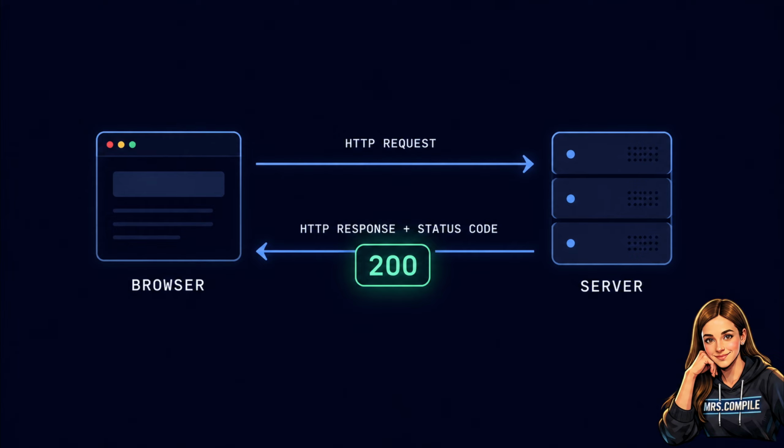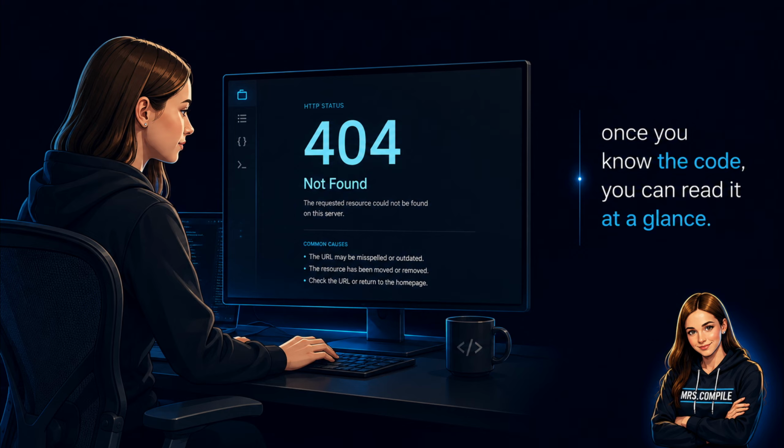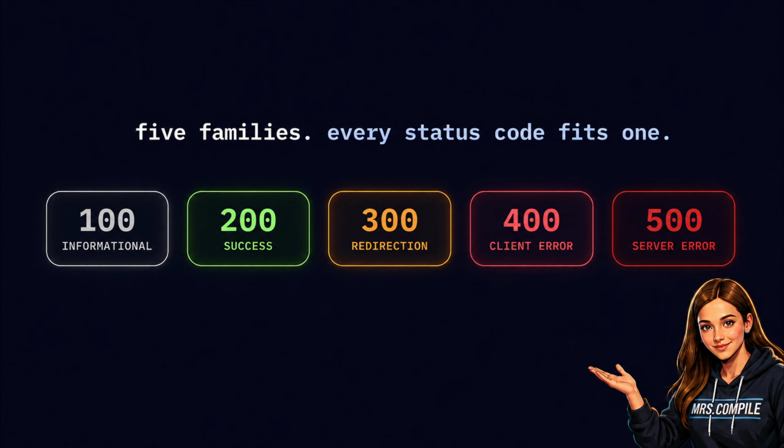Most people treat this as noise, error messages, annoying computer things. But they are not. They are structured communication. The server is telling you exactly what happened in a code that, once you know it, you can read at a glance. There are 5 families, one for each situation.